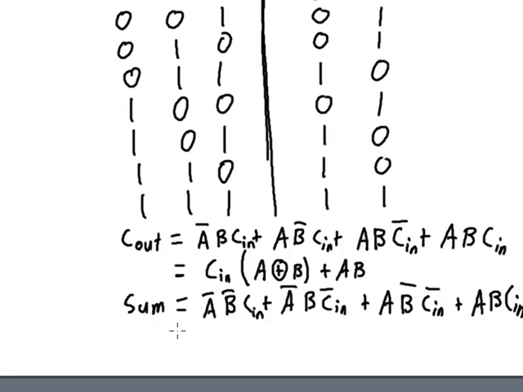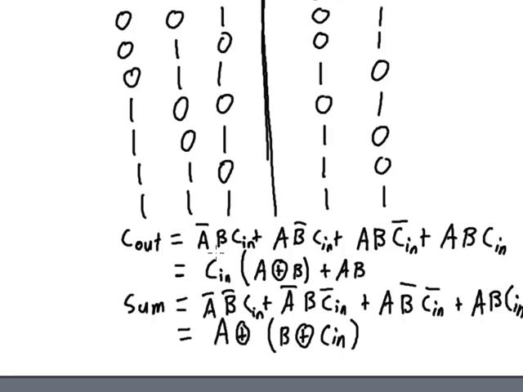Now we can also simplify this expression, and I'll leave it up to you as an exercise. And there's again a little bit of trickiness involved, but you should be able to simplify it down to A XORed with B XORed with C in.